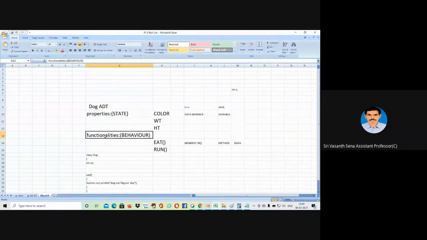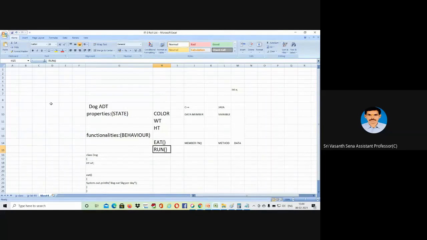So by birth it can do some functionality, it can do some works. What will it do? Eat, run. It will do these functionalities. Not only these two things, barking, running, digging, yes, there are so many functionalities, right?